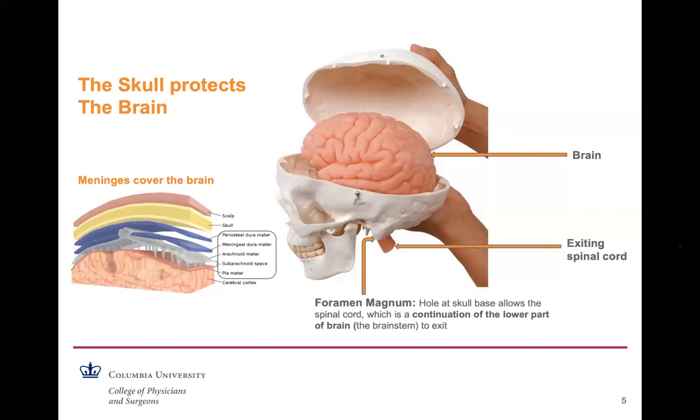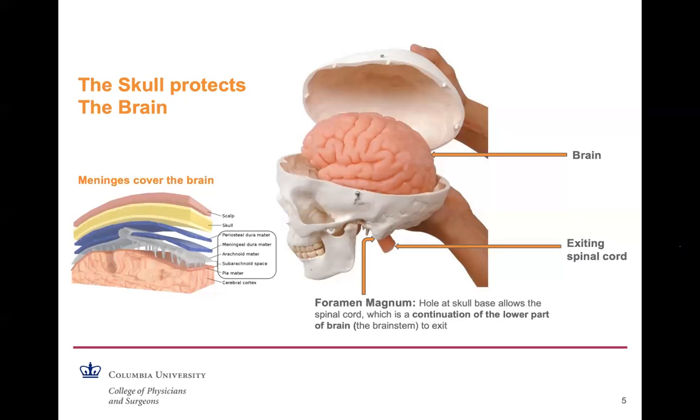So the brain, because it's such an important organ and so precious, is protected by the skull. The thick skull really protects the brain from damage. But in addition to the skull, the brain has what we call the meninges, three meningeal layers over it.